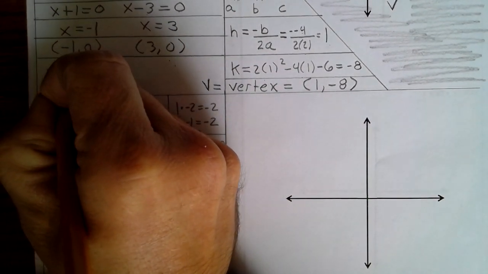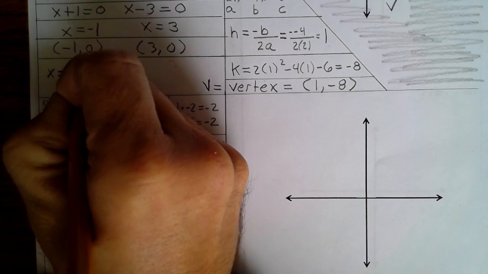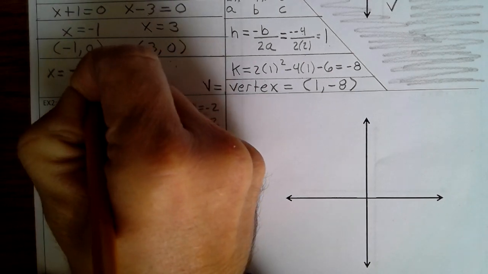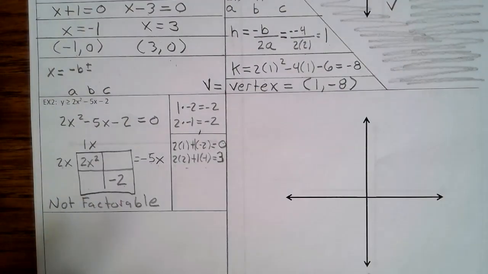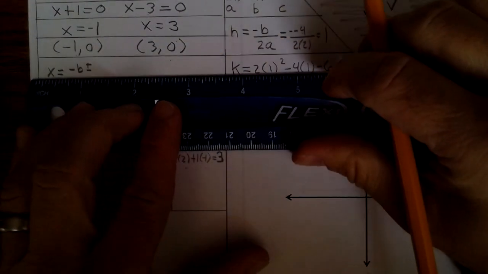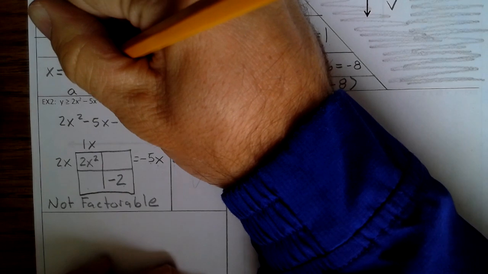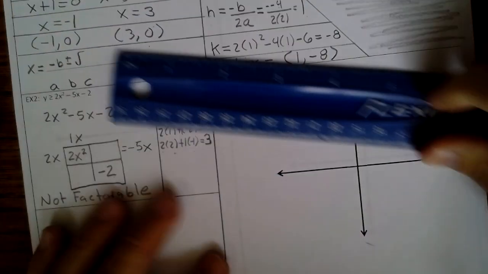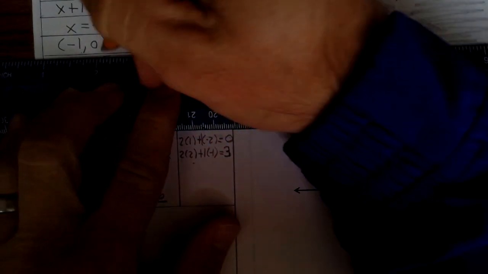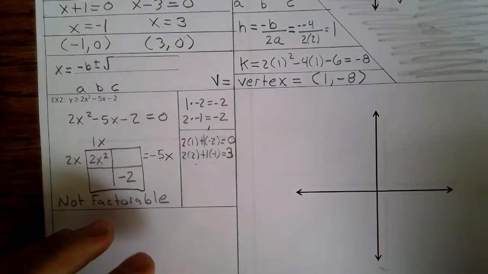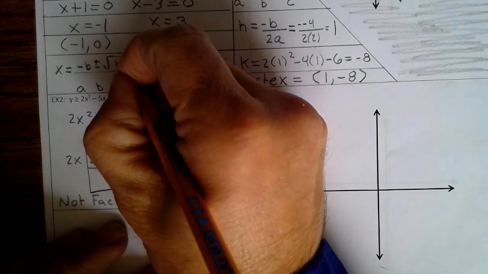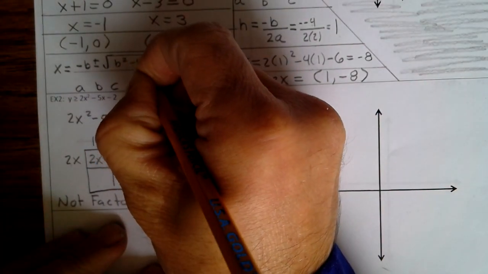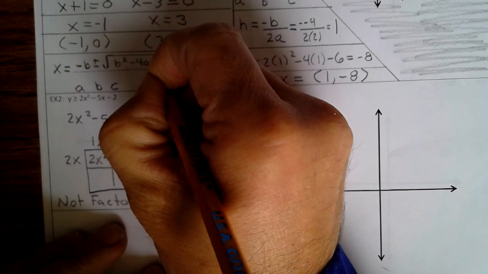So x equals negative b plus or minus the square root of b squared minus 4 times a c.